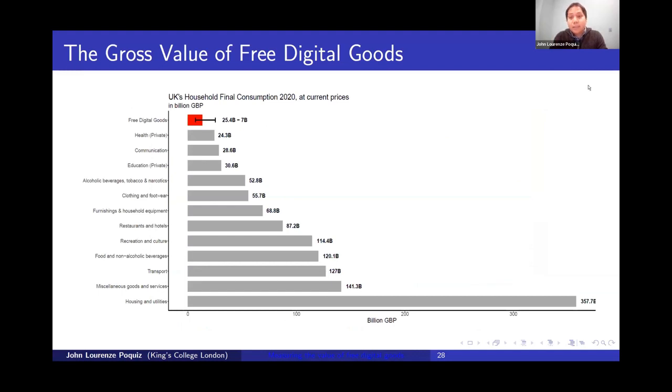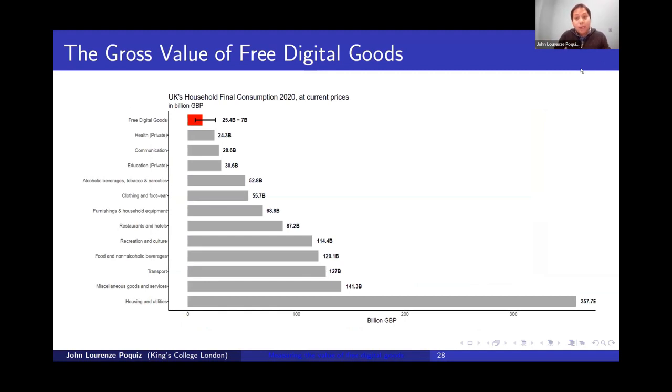Comparing our estimates to other household final consumption products: the good thing about our approach is that we're trying to remain consistent with the national accounts. So we can compare our estimates to other final consumption goods recorded in household final consumption.